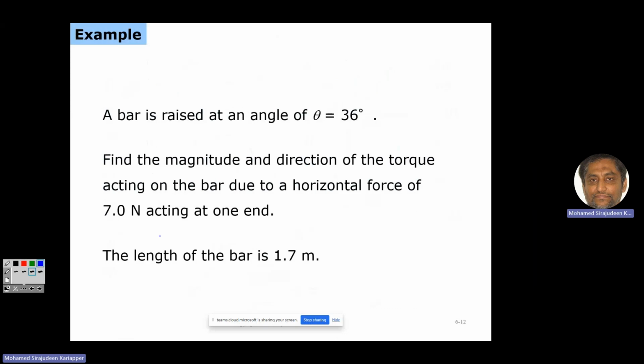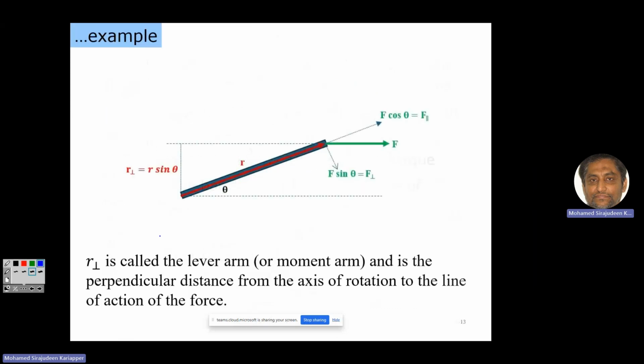Now we have a question with numbers. So let me go to the picture, then I will explain. There is a bar and it is rotating about this point. So he is asking to get the torque about this point. That is very important: the torque, you have to tell me about which point. Otherwise, the question has no meaning.